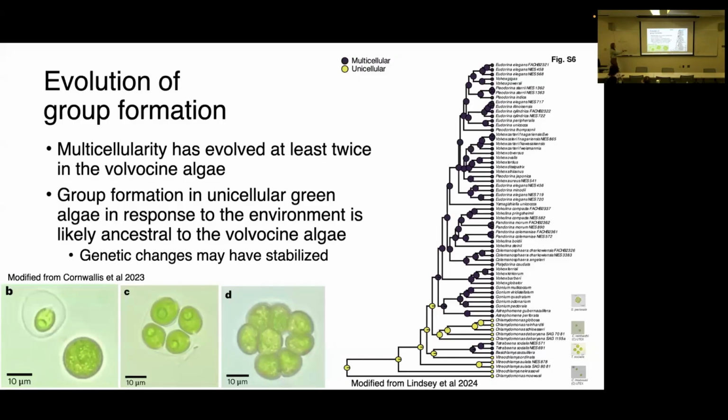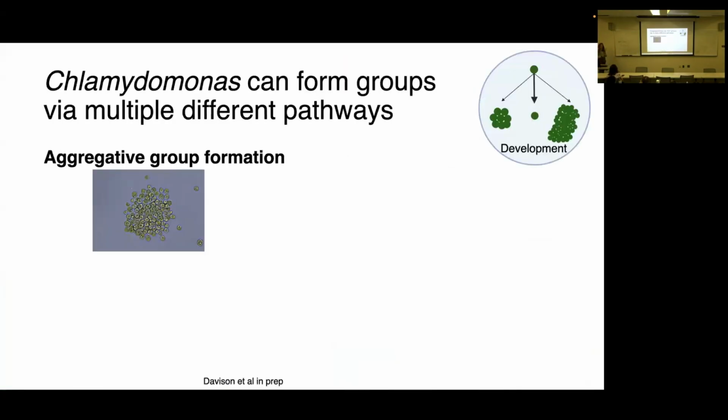And we know that group formation in the unicellular green algae, this group formation response to the environment, is likely ancestral to Volvocine green algae. There's a wide array of unicellular green algae species that form groups in response to different environmental conditions, such as predation.